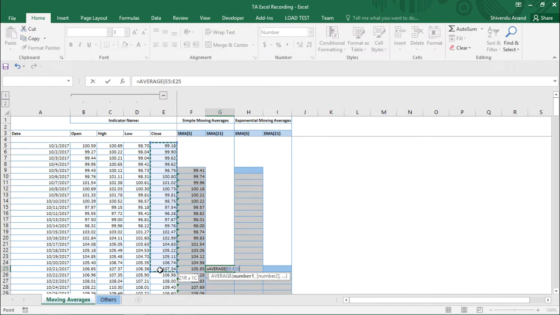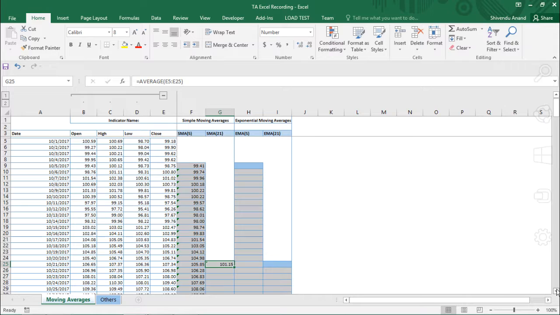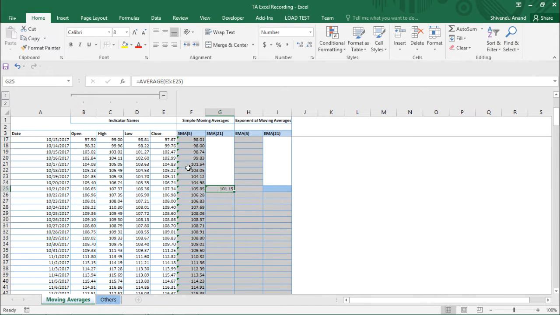I have selected this 21 days data, closed the bracket and pressed enter. 101.15 is what I see as the simple moving average for 21 days on 10/21/2017 or 21/10/2017, that is 21st of October 2017.